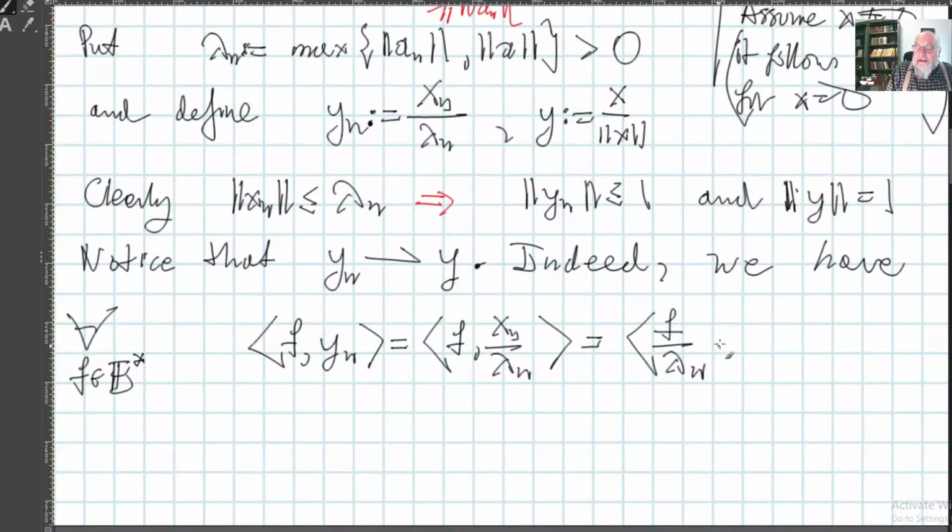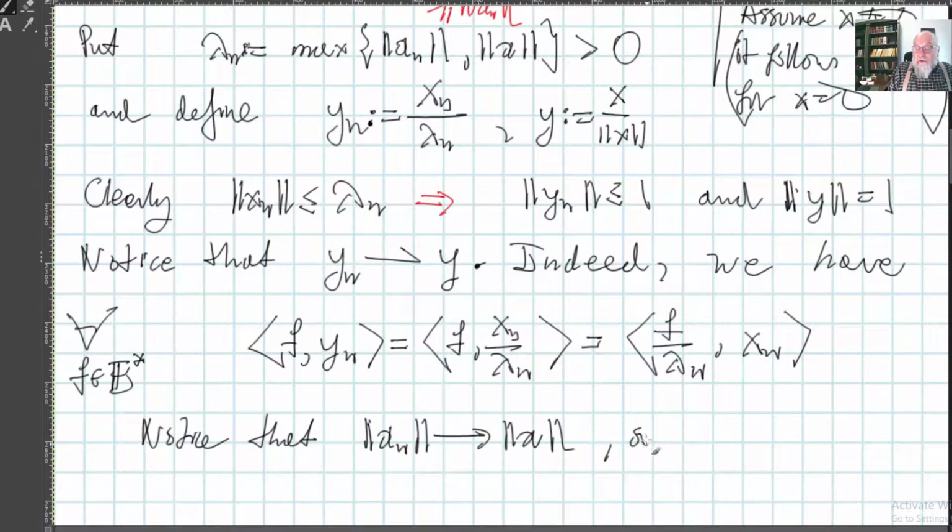So notice that lambda n, what is this? We know that xn is convergent to x. So we are getting here that lambda n also converges to the norm of x. This is the same, by the convergence of that set.